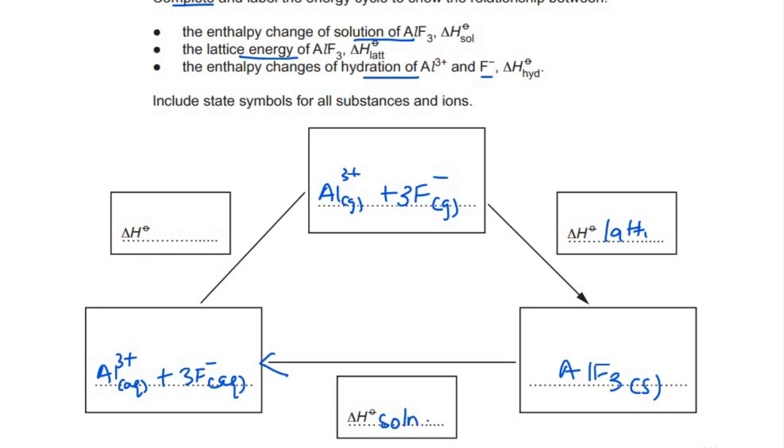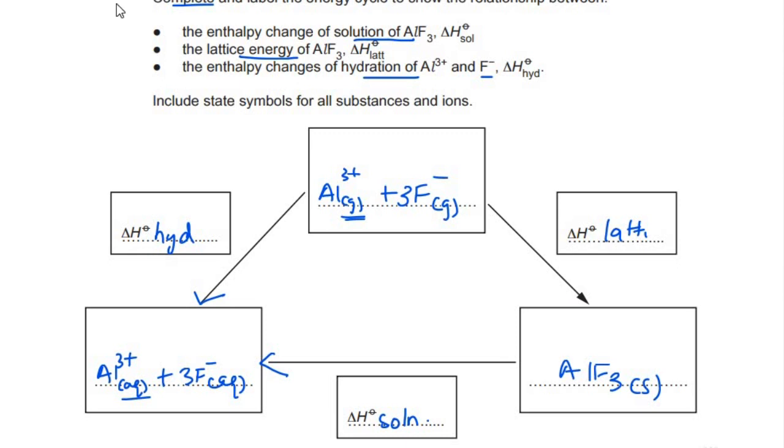Now if you talk about hydration, as we have already written in the definition, gaseous ions dissolve in water to form the aqueous solution. So this is going to be the hydration, where the gaseous ions are dissolving to make a solution, and the arrow direction should be this way. This is how it's going to make the whole cycle.